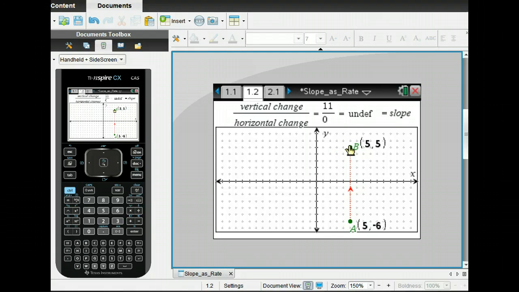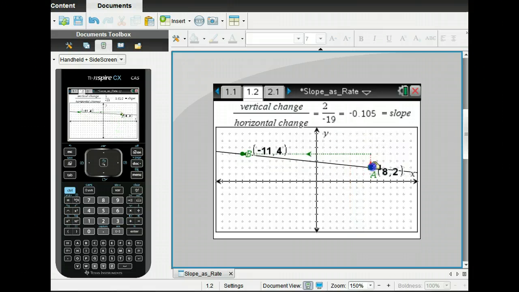Why would it be undefined? Well, look, the horizontal change. I've got 5 for my x-coordinate, 5 for my other x-coordinate. 5 minus 5 is 0. You can't have a 0 in the bottom of a fraction. So all these things, as the students are playing with this and manipulating these and really enjoying doing math, you can be asking these questions as they go along through it.